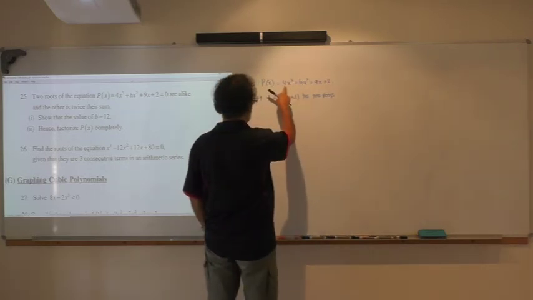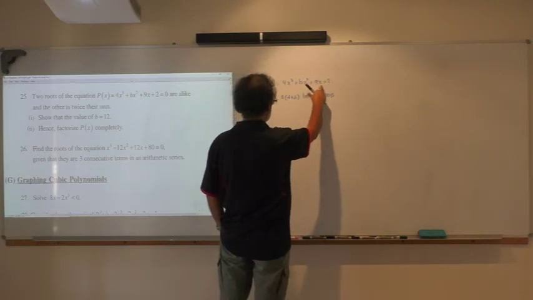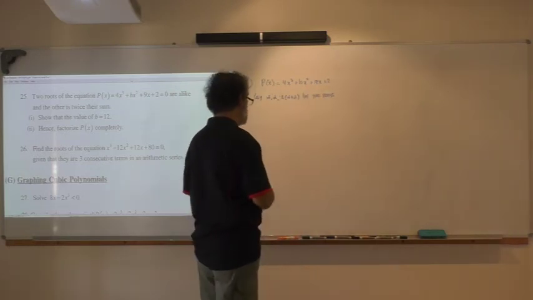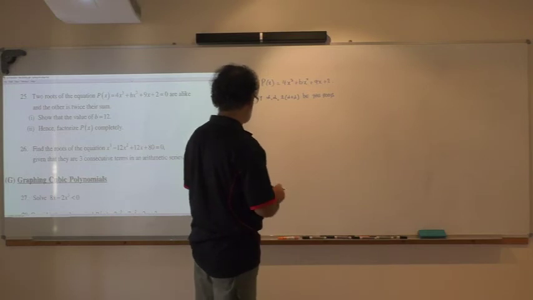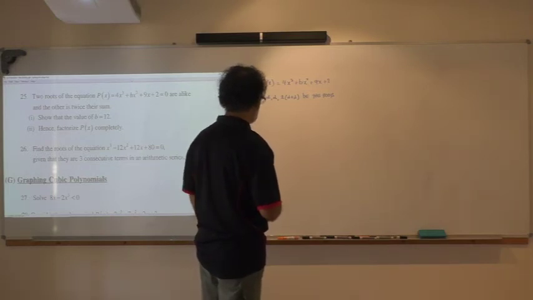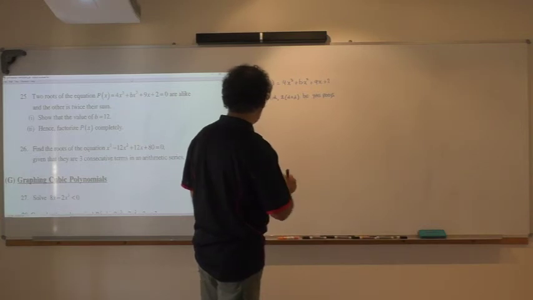Okay, so here we have x cubed, x squared, x and 2. That is great, because then we don't need to put any extra zero there, and we don't get confused.